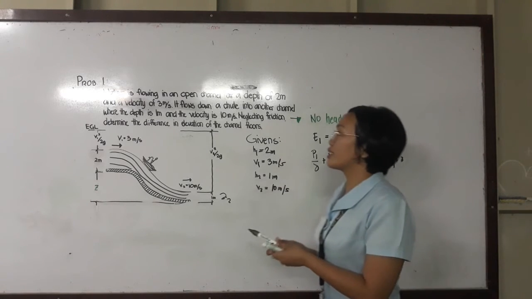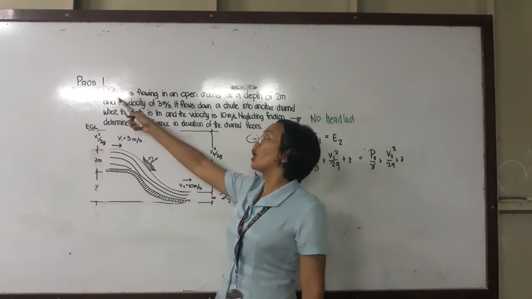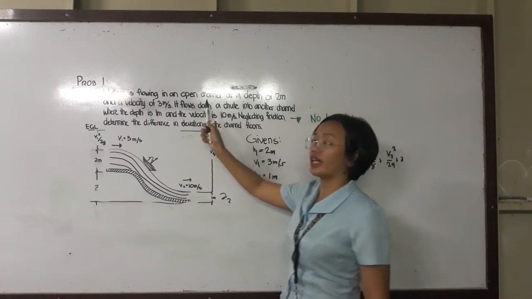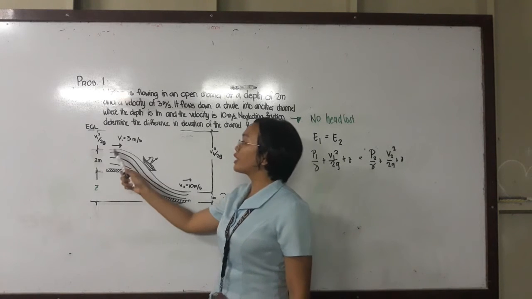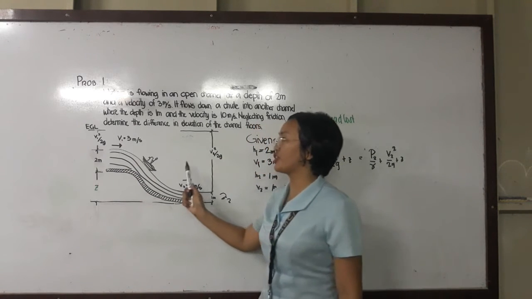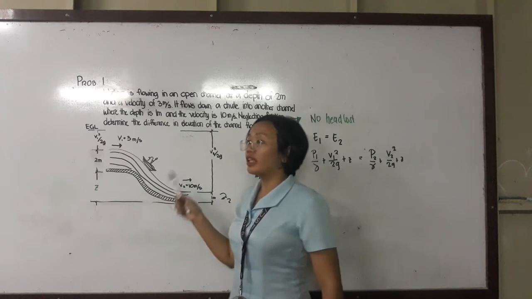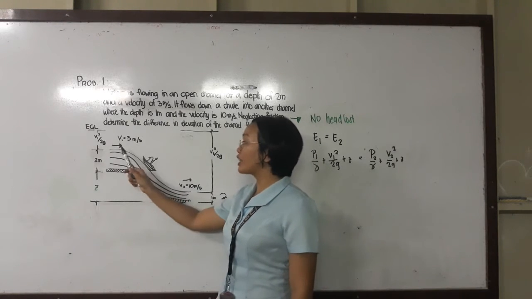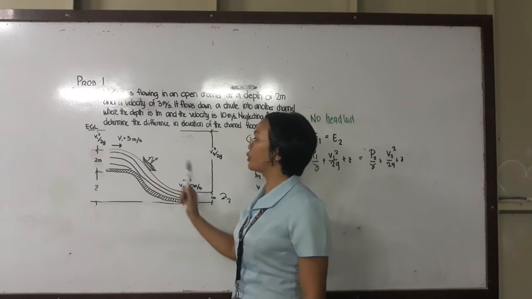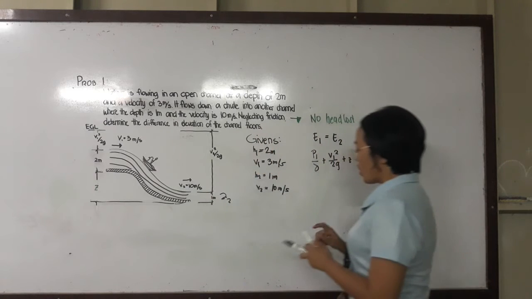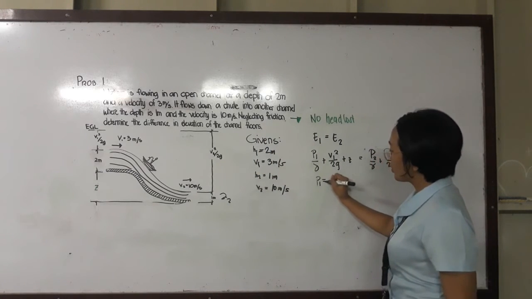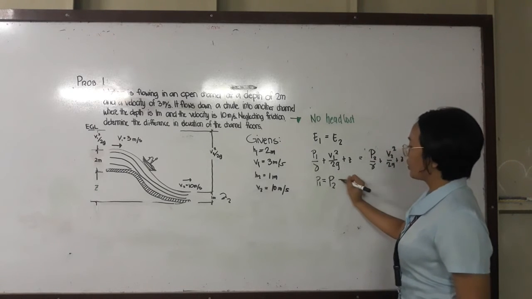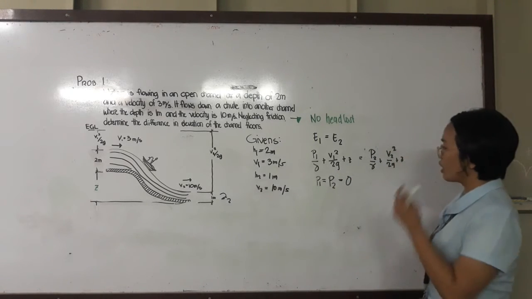Since the problem states that the water is flowing in an open channel, the pressure acting here up to here is 0, since the only force acting for the water to flow is gravity. So we denote P1 equals P2 equals 0.